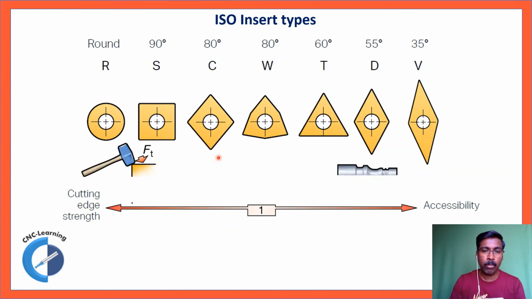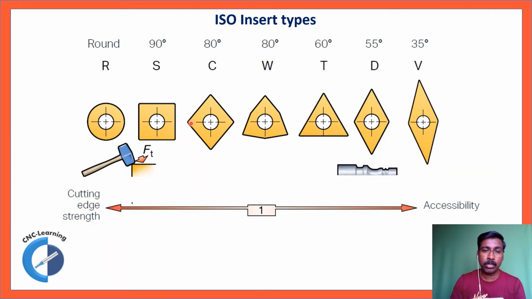So this is the most versatile shape. It will have sufficient clearance to do most of the turning applications. And W is also similar to C, and it is more economical because you have more corners. In C, when you have 4, here you have 6 corners available for cutting as standard.